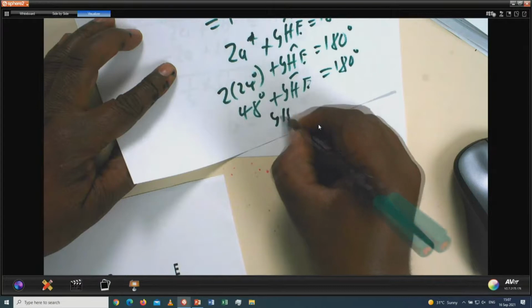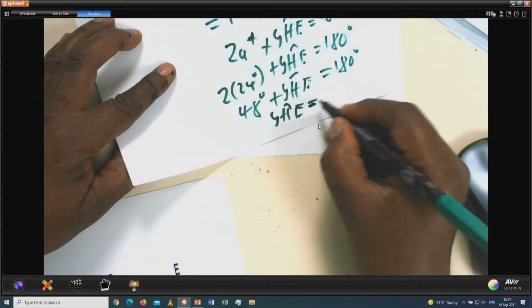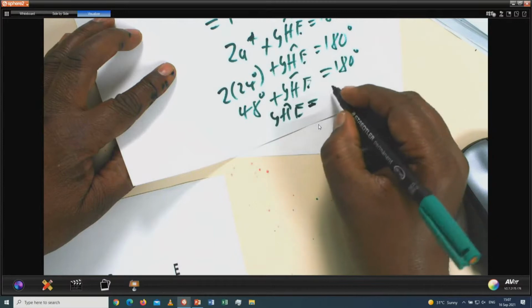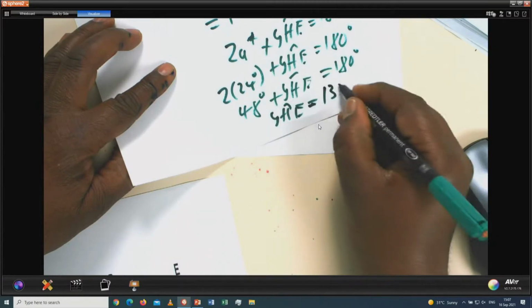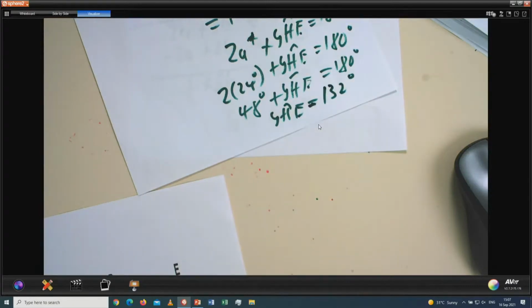Therefore, GHE equals 132 degrees. So it's a step-by-step process. It might look complicated, but whatever you see, take it step by step.